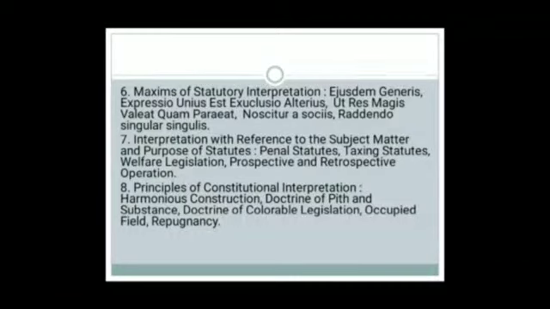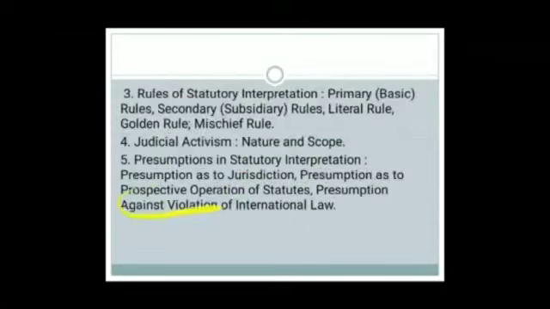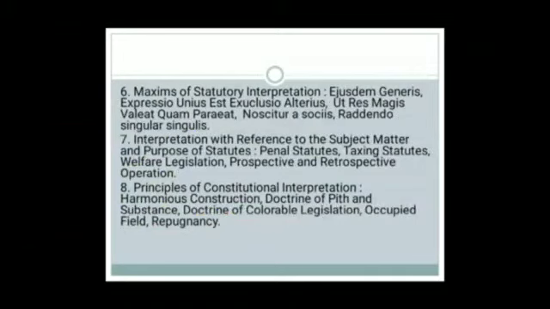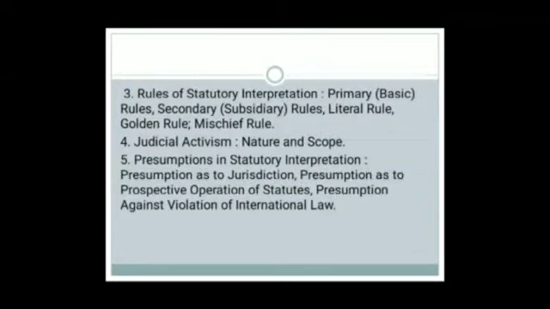We'll also understand the difference between interpretation and construction, then principles of constitutional interpretation, harmonious construction, doctrine of pith and substance, doctrines of colorable legislation, occupied field, repugnancy. So it is very vast and we'll be doing it in detail.